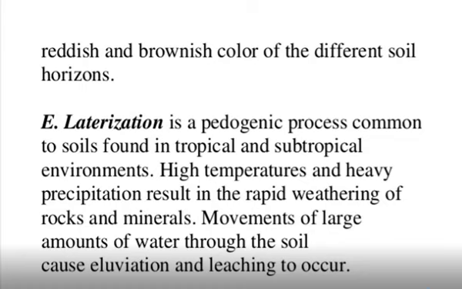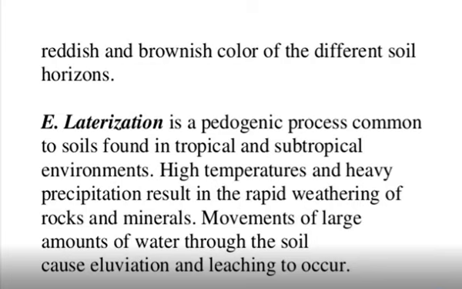Laterization is the process that removes silica instead of sesquioxides from the upper layers and thereby leaves sesquioxides to concentrate in the soil. Horizon A plus horizon B is known as the solum. That we learn in soil profile.